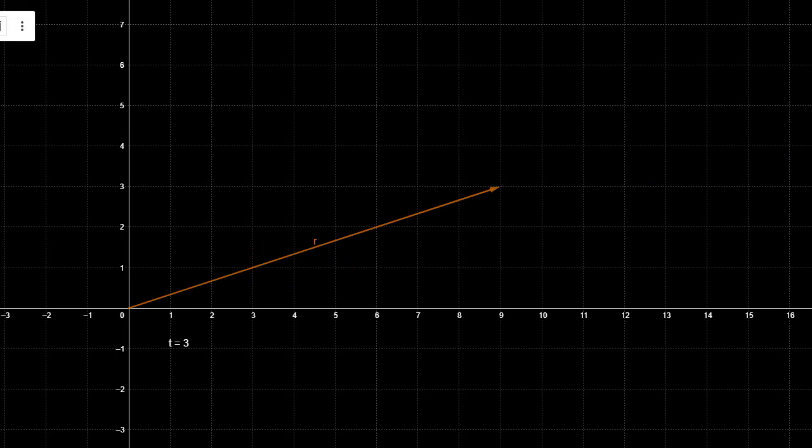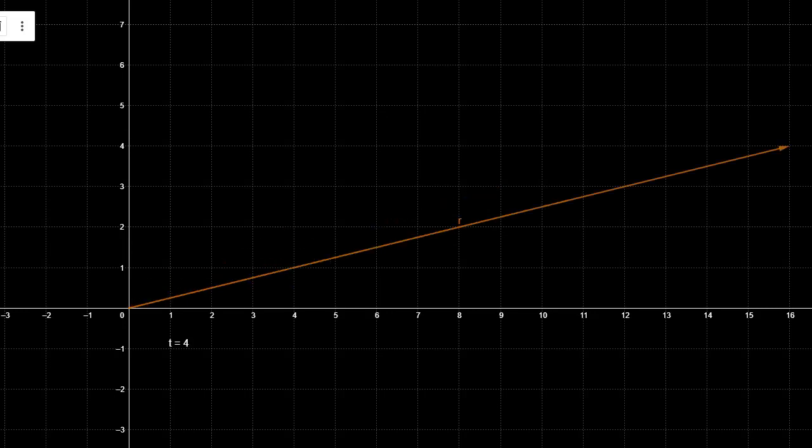So what this is doing, in terms of vectors it's not all that interesting, but what this is doing is actually tracing out the trajectory of an object moving through space.